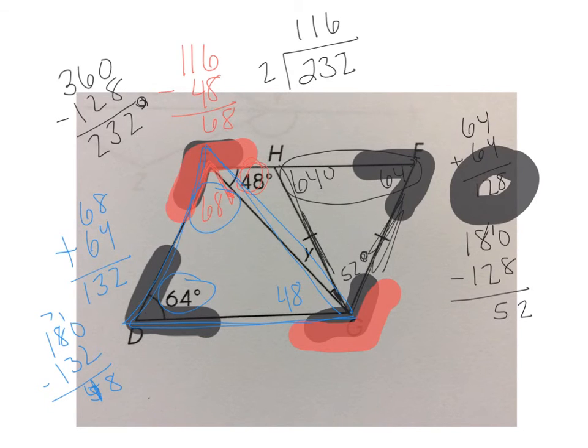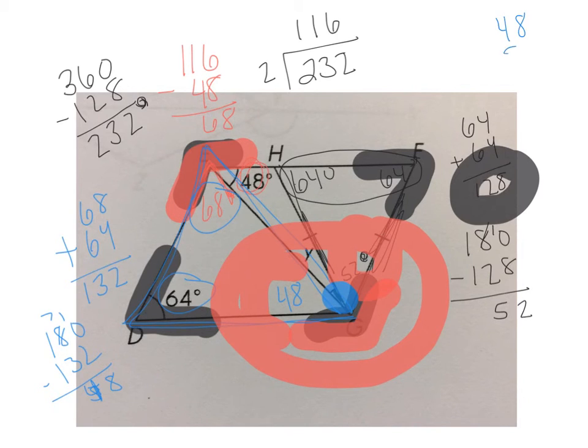Let me switch colors again. I wish this was smaller, but it's not. So if I'm solving for this now, I know this part of it is 48 degrees. This is 52, and I'm still solving for this tiny little bit right here that I don't know. If I take my 48 degrees plus my 52 degrees, I get a nice 100 degrees.